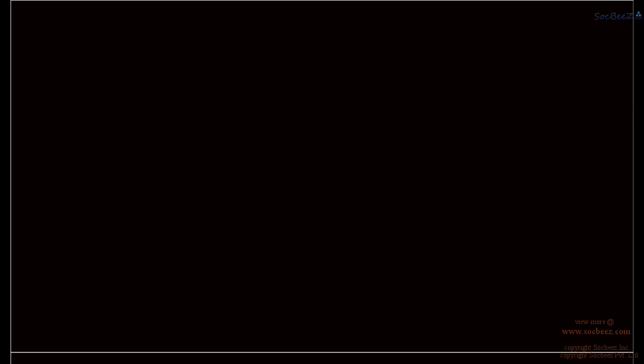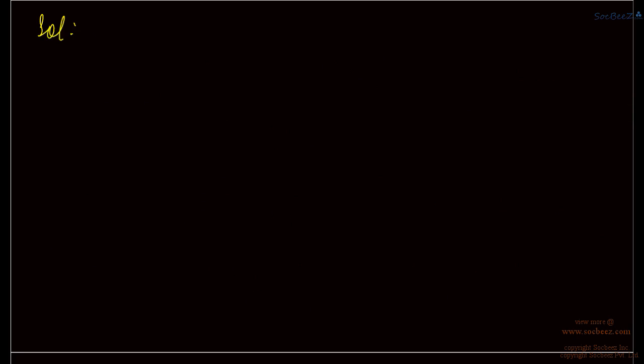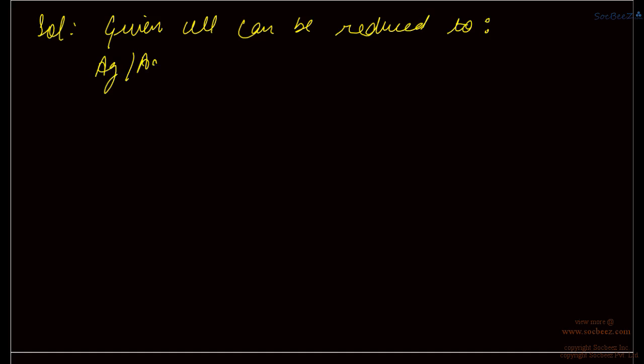Okay, now the given cell, whatever cell that we are given here, it can be reduced. So let's reduce this cell. The given cell can be reduced to Ag, AgCl, whose saturated solution is there.